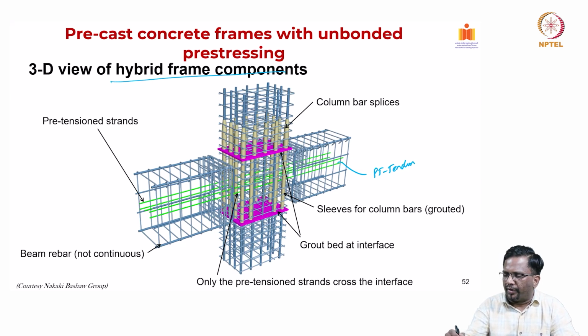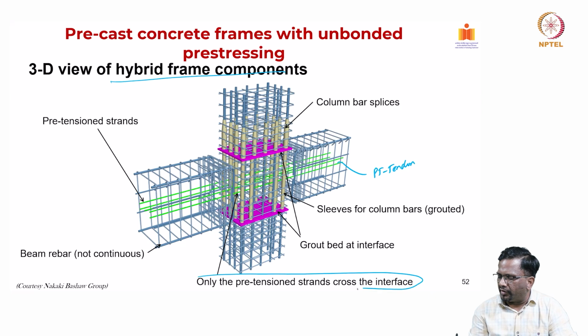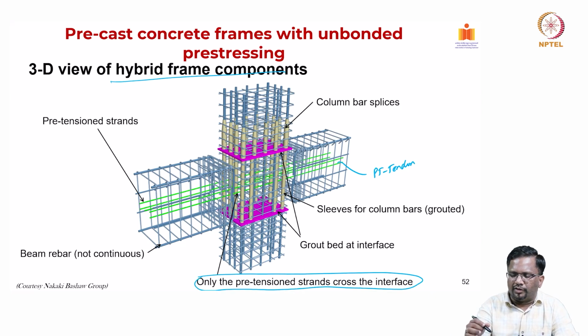And you can have splices and sleeves for the column bars. They can be grouted, and only the pre-tensioned strands are crossing that interface. Here in this system, no rebar is crossing that joint region, right? So this is system one, where only PT strands are crossing.